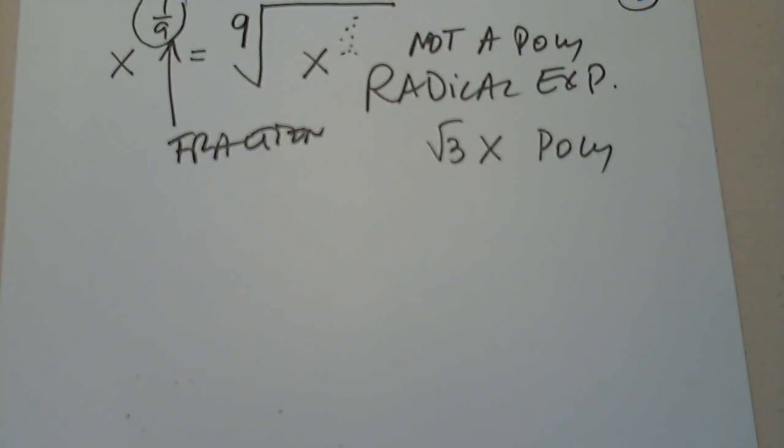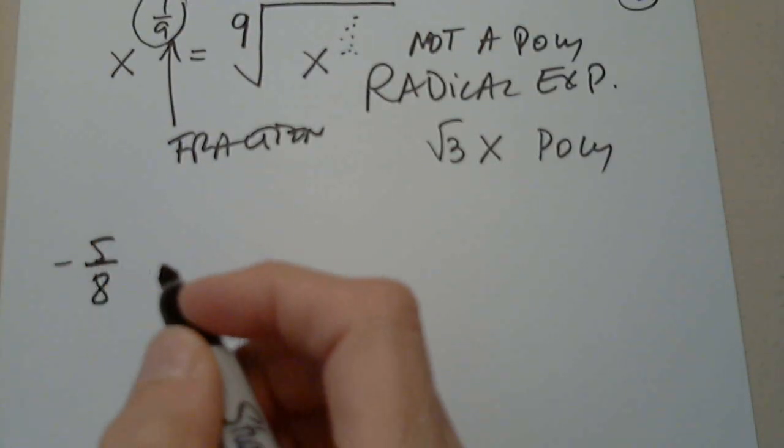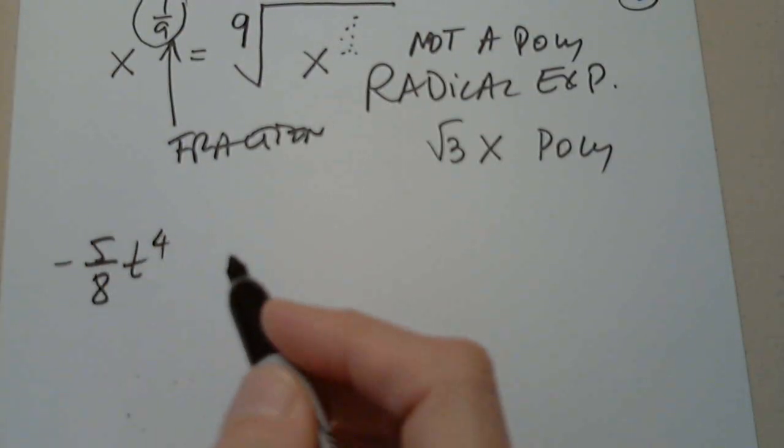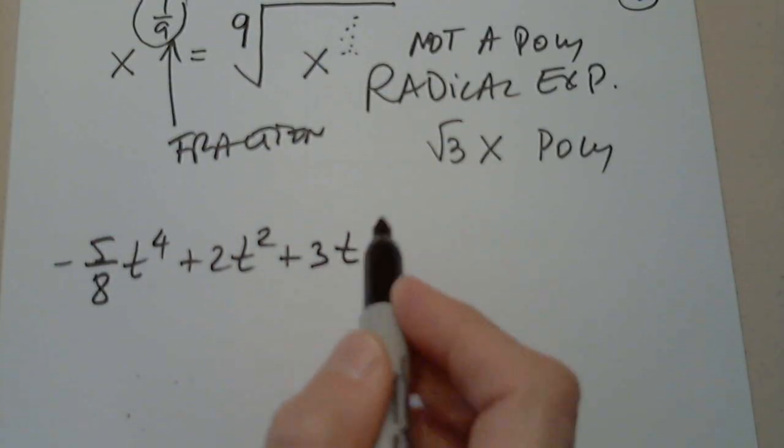Okay, is this a polynomial, and how many terms if it is a polynomial? It's a trinomial. What is its degree? Careful, because it's not arranged. Yes, it is 4. And it is not in descending order. So the correct polynomial should be, it's not incorrect, I should say, but it's not arranged correctly, 2t squared plus 3t.